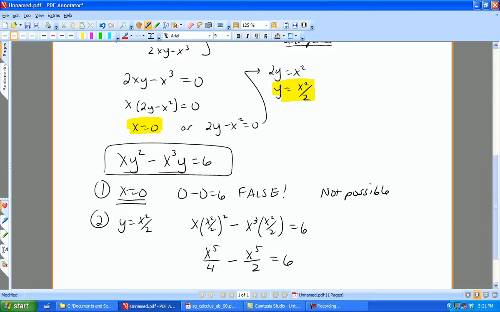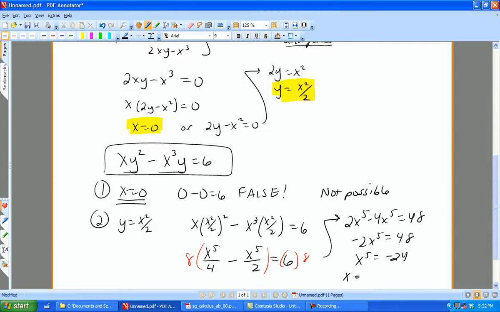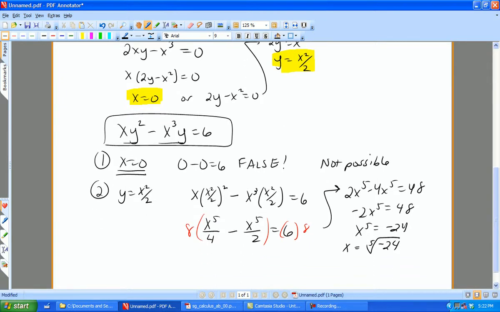I'm going to multiply both sides of this equation by 8 to eliminate the fractions. Now my equation says 2x to the fifth minus 4x to the fifth equals 48. If I subtract, I get negative 2x to the fifth equals 48. Divide, I get x to the fifth equals negative 24. Take the fifth root: x is the fifth root of negative 24. That does exist. You can take a fifth root of a negative number, so that's a perfectly good value.